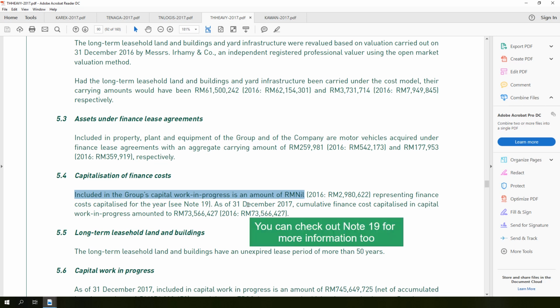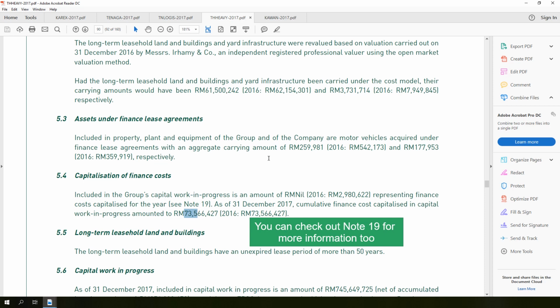As of 31st December 2017, cumulative finance costs capitalized in capital work in progress amounted to 73.5 million. In this case, there was no capitalized interest in FY 17. The cumulative interest capitalized was 73.5 million. It doesn't tell you how many years they take to depreciate this amount.